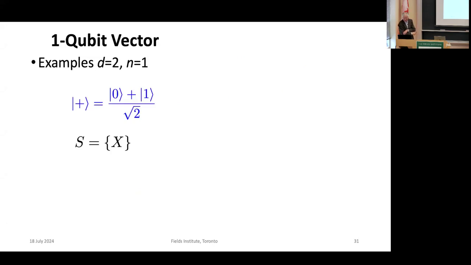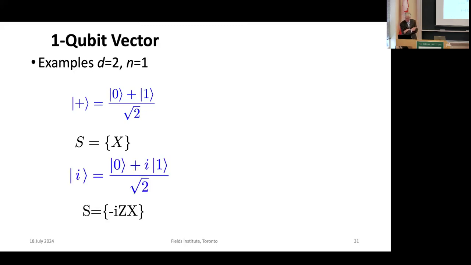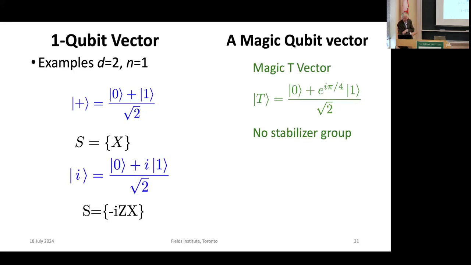So here's a simple example for a single qubit. Another example, a magic state, which is not a stabilizer, is a sum with the square root of zeta, in the case d equals 2.